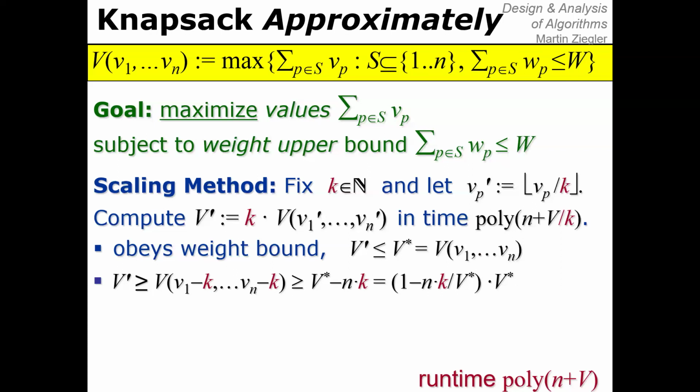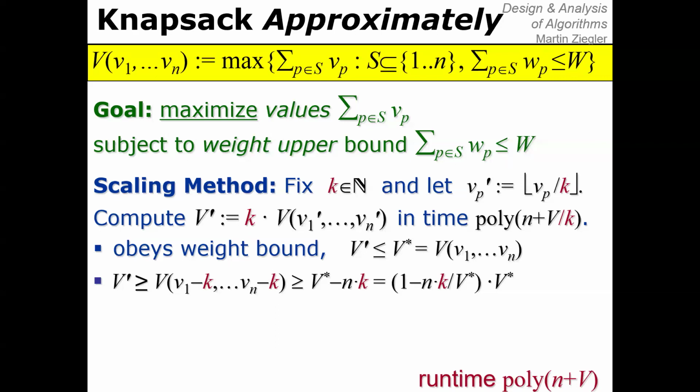How much does the rounding down part affect? In the worst case, when we round down, we lose a little bit less than k. You lose at most k, right? A little bit less than k in the worst case, for each packet.